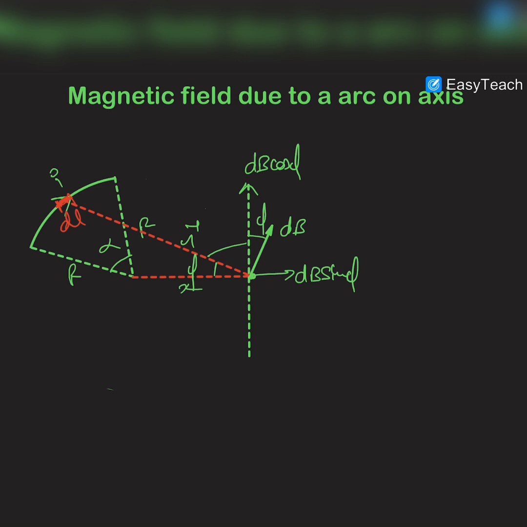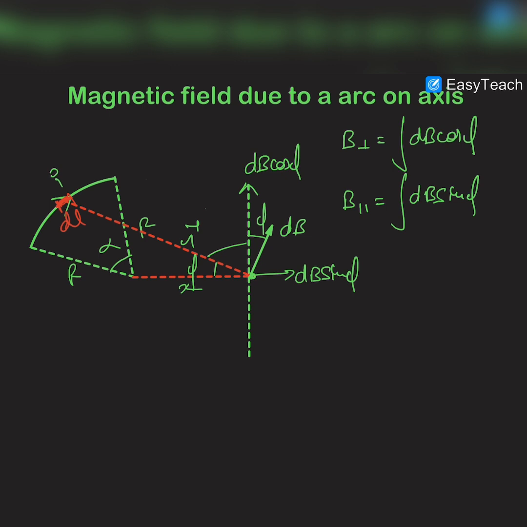So let us name the integration of dB cos phi as B perpendicular, and the integration of dB sin phi as B parallel.